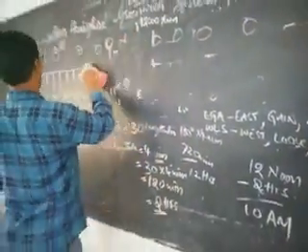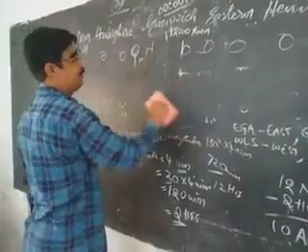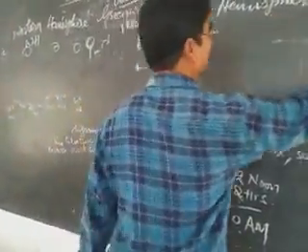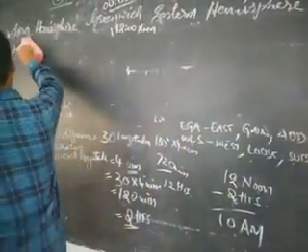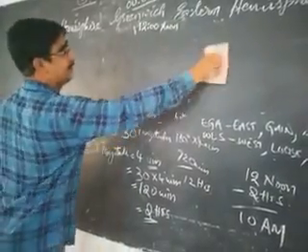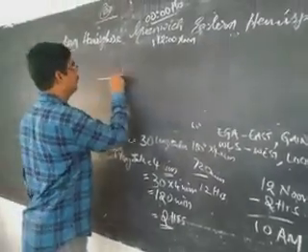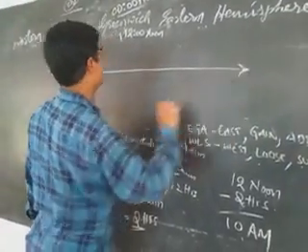Simply, how to calculate? One more example I will give you to understand. India's time zone is located on 82.5 degrees east.